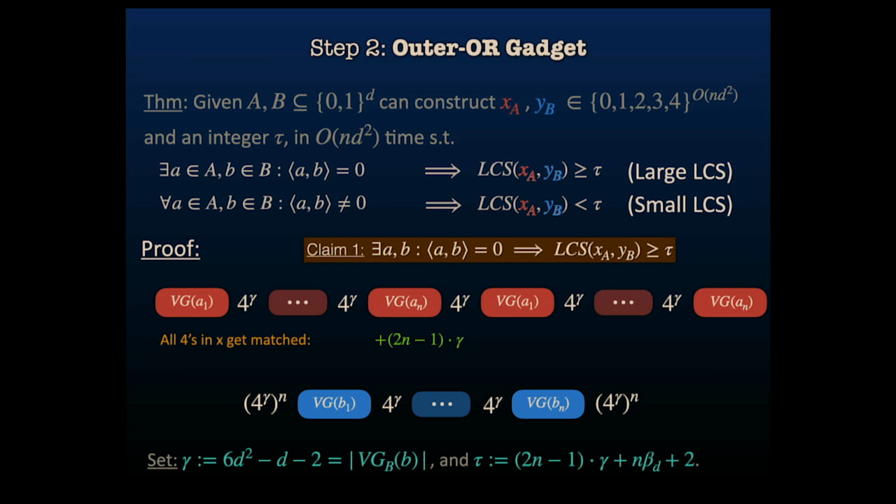And when you match that pair, you can match all fours in the first string. The reason is that you have enough fours on the sides. So you go in one direction, all the fours that you're covering are getting matched, but then everything else can be covered with these fours. So first you have the contribution from all fours in the first string, so 2n minus 1 times gamma.